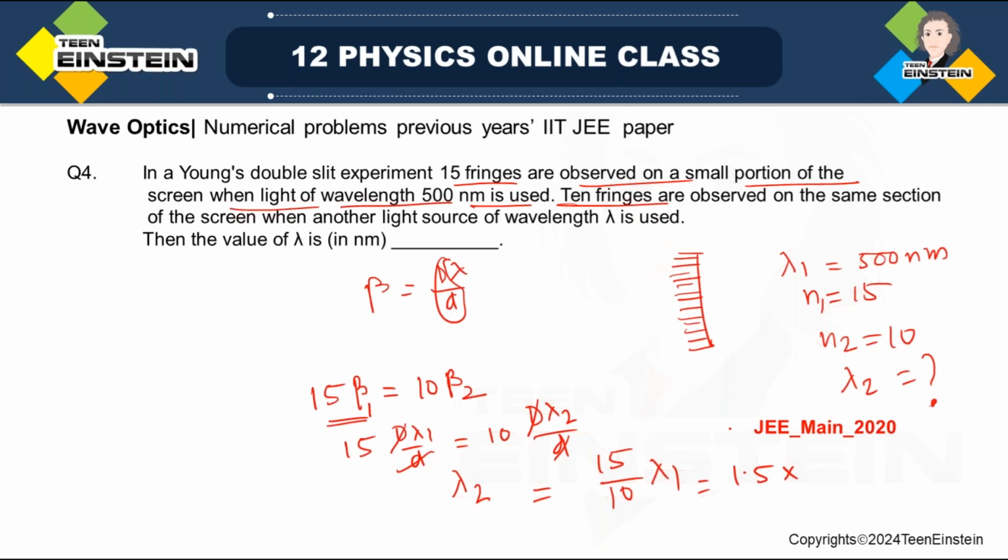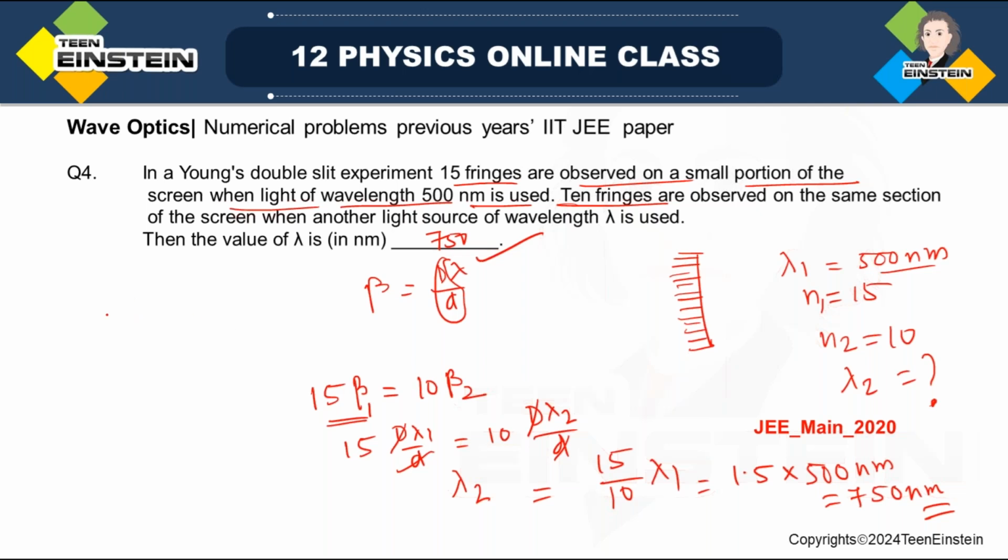Lambda 1 is given here, 500 nanometer. That means 750 nanometer. So this is the correct answer for the question.